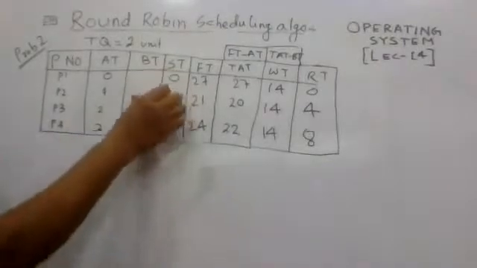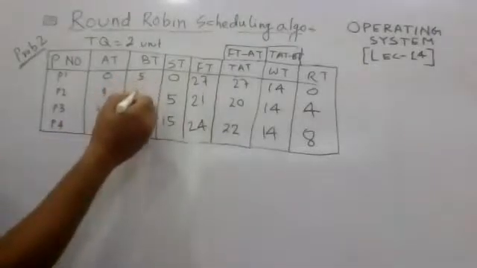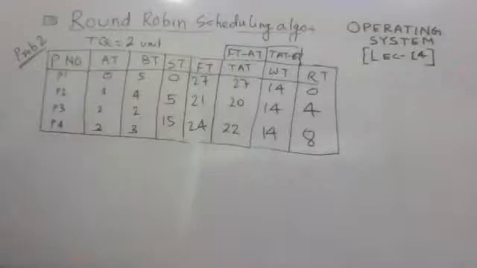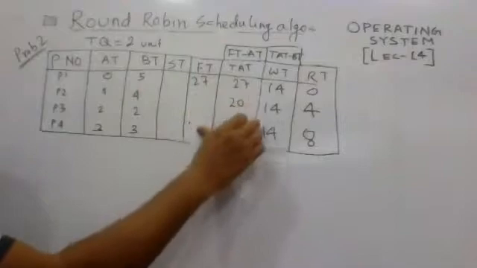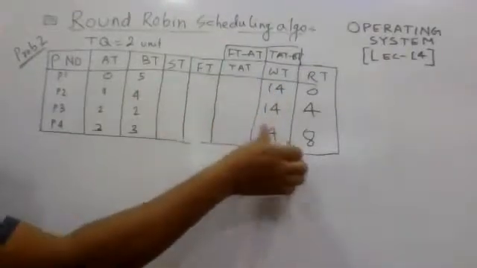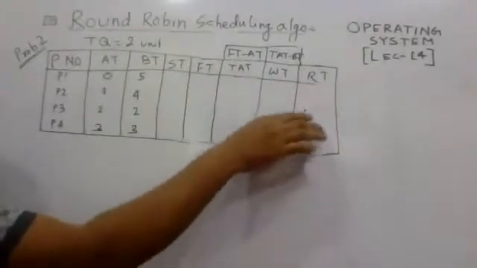Burst times given 5, 4, 2, 3. And we have to calculate these parameters using the round robin algorithm with time quantum 2 units.